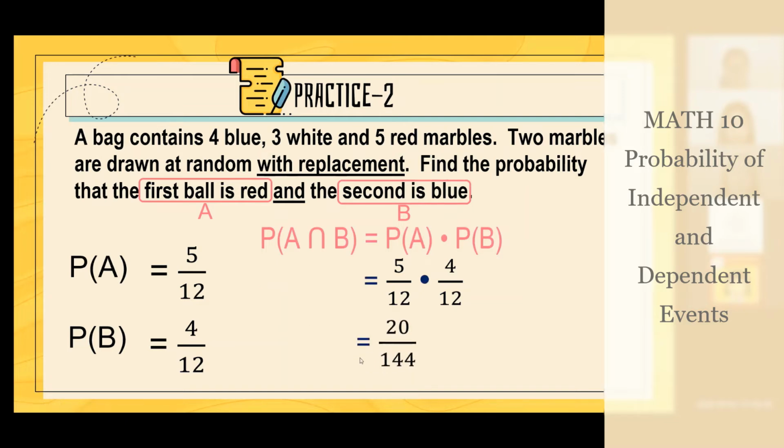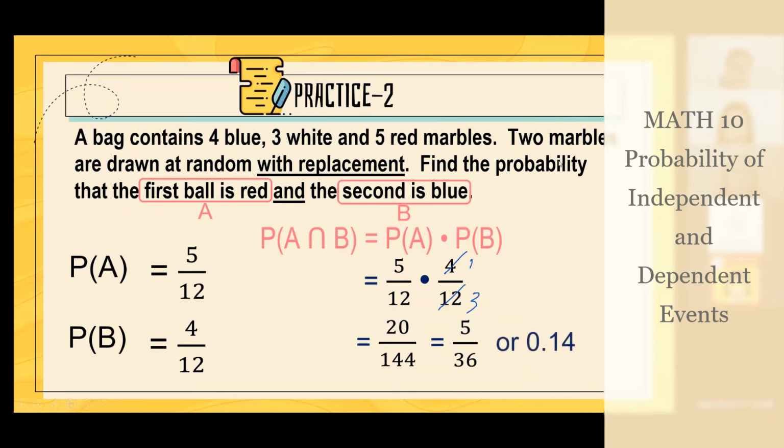You'll get 20/144, or if you want, you can cancel it. You know cancellation already, right? Just to show you again, we can cancel 4/12 here, dividing by 4, so 1/3. Then 5 times 1 is 5, and 12 times 3 is 36. So 20/144 is also 5/36.